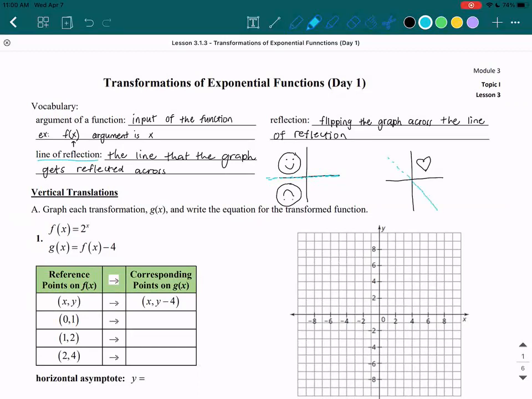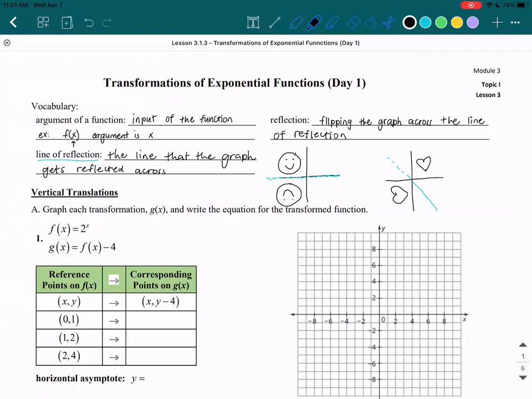Okay, so if I want to reflect this heart over this blue line of reflection, it will end up looking something like, I'm not drawing this very well, something like that. So the heart is the original image, and then it gets reflected across the line of reflection, and then it turns into the sideways heart. Okay, so this is essentially the reflection, line of reflection, stuff like that.